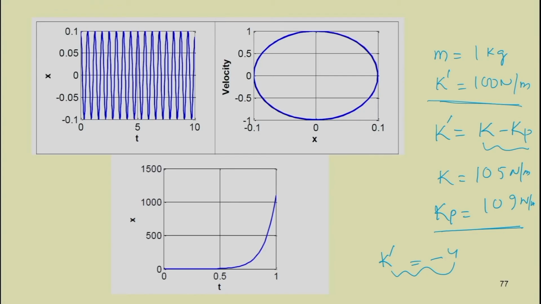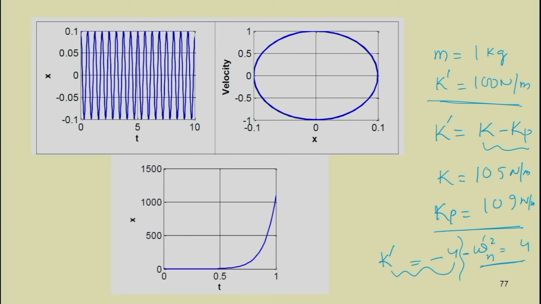So k dash by m, that is ωn dash square, becomes minus 4, or it can be written that minus ωn square equal to 4. So the roots of the equation become ωn equal to plus minus 2.